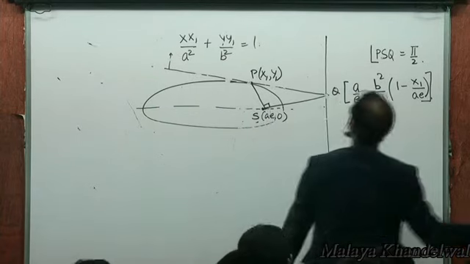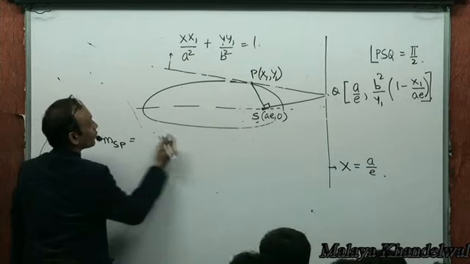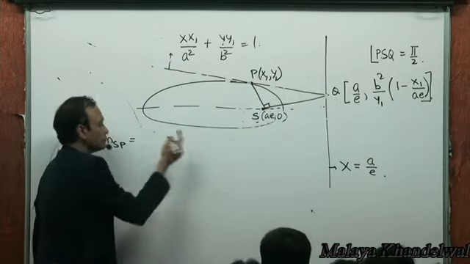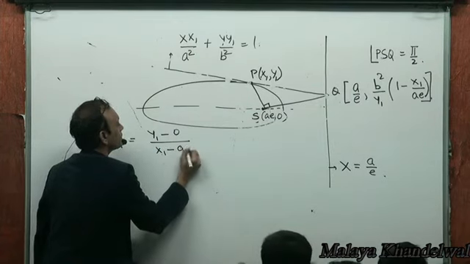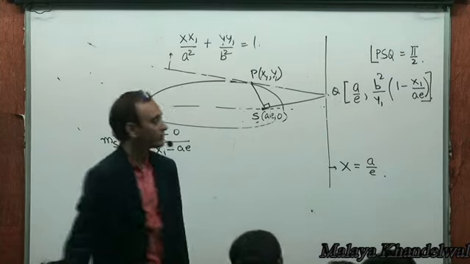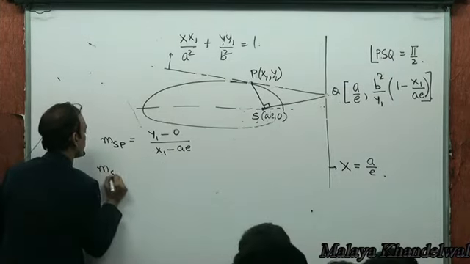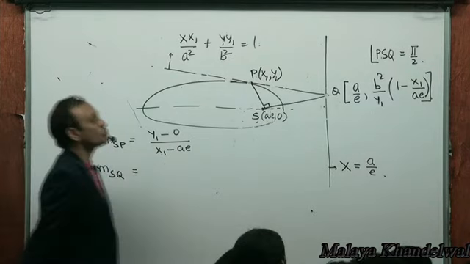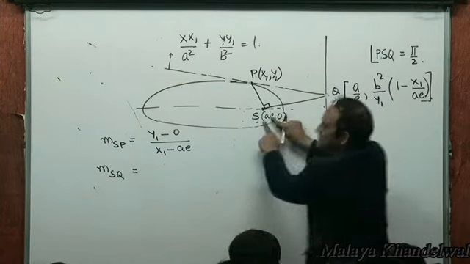What is the slope of SQ? The slope of SP is y1 minus 0 by x1 minus AE. Now, slope of SQ would be this minus 0 divided by this minus AE.